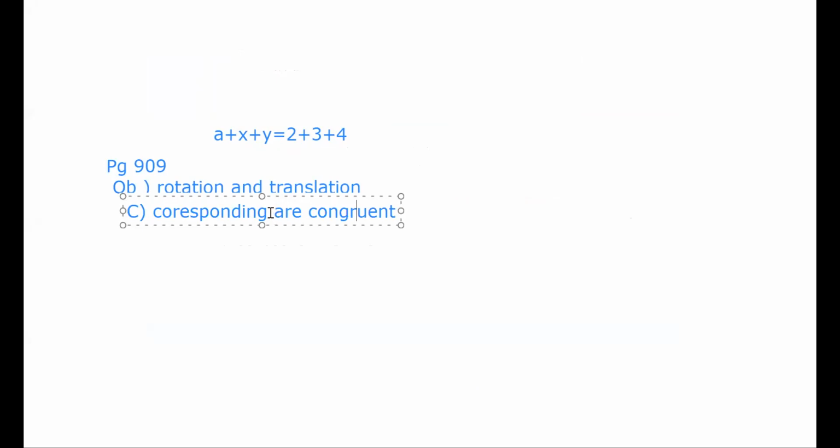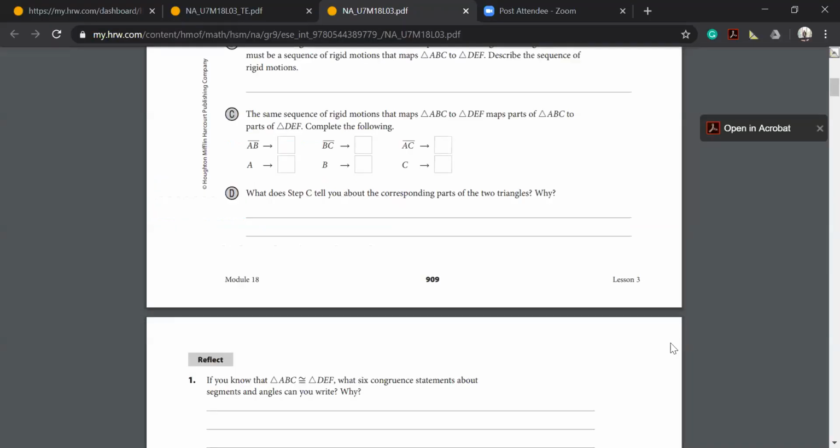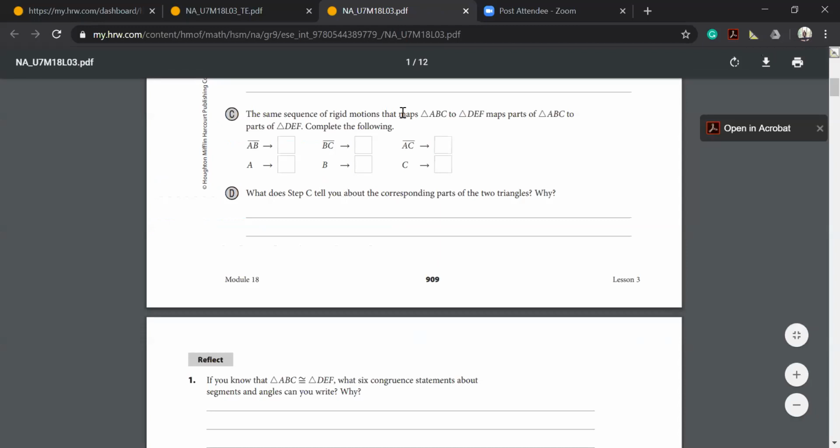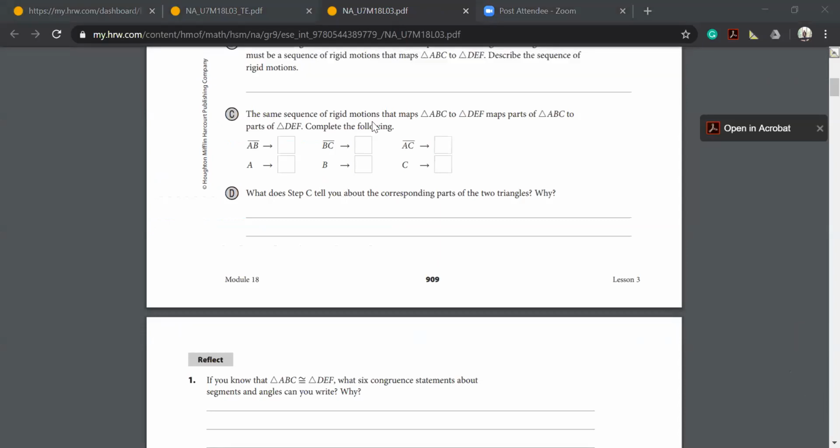Let's write part C. Corresponding parts are congruent. Okay, going back to our book. Sorry, this was question D, by the way. The thing that we did now, it's not C, it was question D. Question C was the one in which we completed the corresponding parts equality. But here, this is question D.